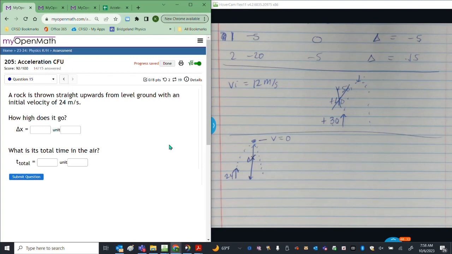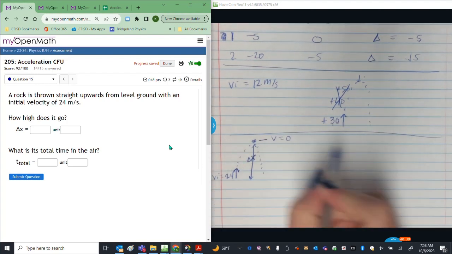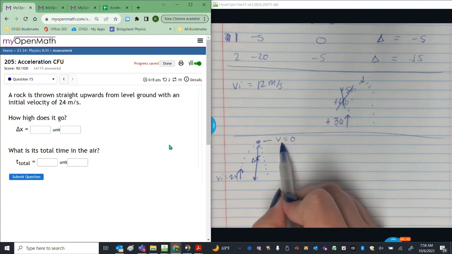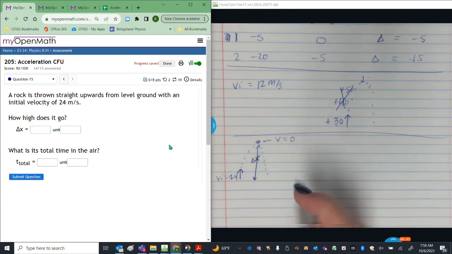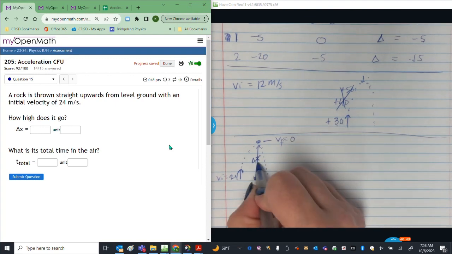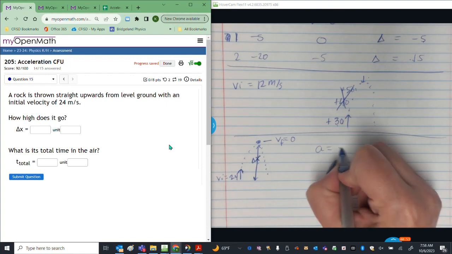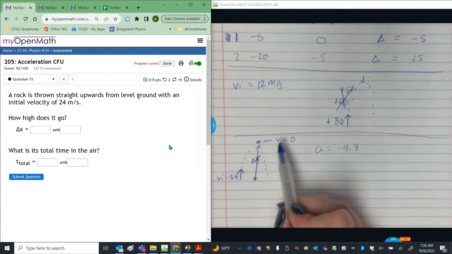So I have an initial velocity of 24. I have a velocity at the top, which I'm going to go ahead and call the final. I know it's not the end of the trajectory, but it doesn't matter. That's the final point for my calculation. And I'm going to solve for the delta x at that point. The other thing I know is acceleration is negative 9.8 meters per second squared. So I have VI, I have VF, I have A. I can find delta x.